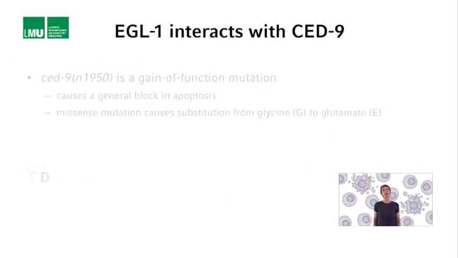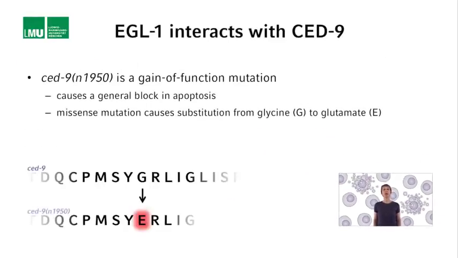The SET9 gain-of-function mutation N1950, which causes a general block in apoptosis, is a missense mutation that changes a single amino acid in the SET9 protein sequence. Specifically, it is a glycine to glutamate substitution at position 169 of the SET9 sequence.